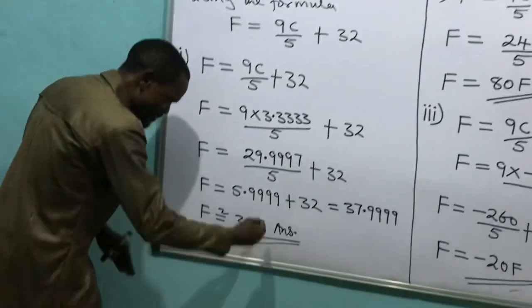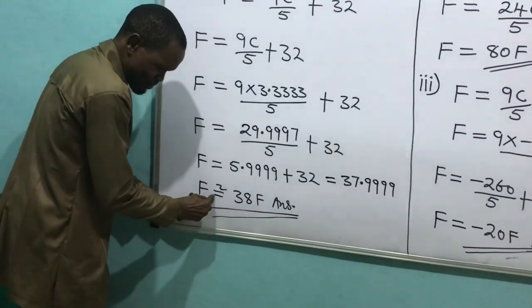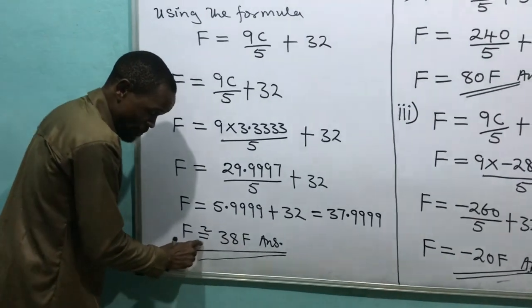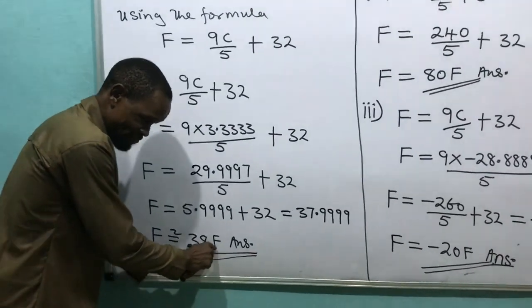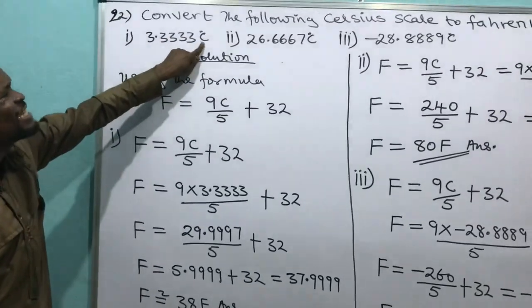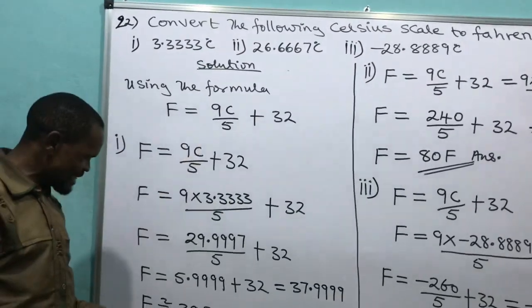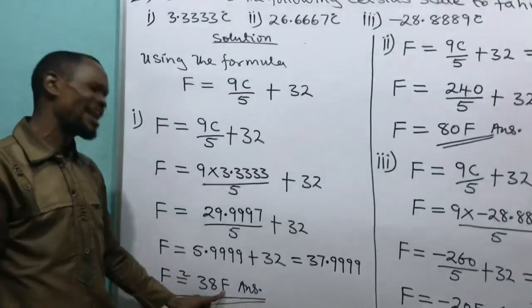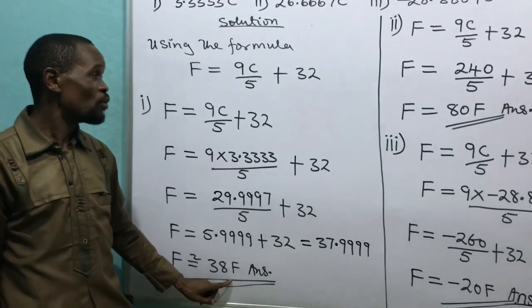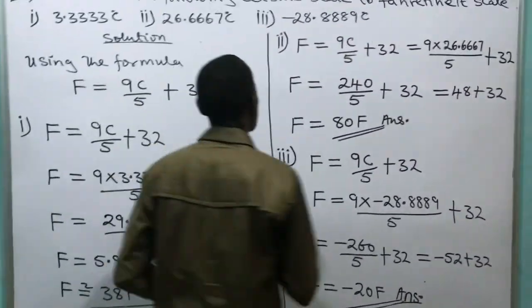Then approximately, F, the degrees centigrade in Fahrenheit, is approximately 38 Fahrenheit. That means that 3.3333 degrees centigrade is equivalent to 38 in Fahrenheit. That's what I'm saying now.